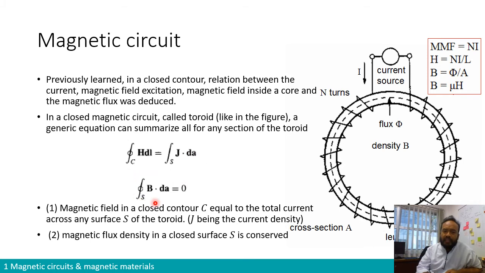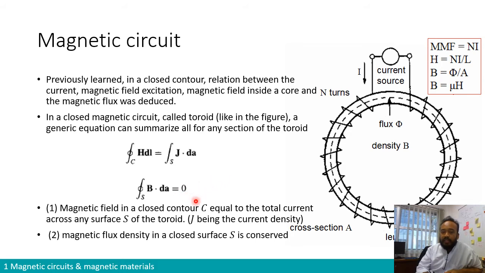And then we have the second equation that describes the phenomenon inside this as well. The second equation tells us that the integral over the closed surface S, if we take between two surfaces S inside the core, of the magnetic field B multiplied by the surface area A, will equal 0. What does it mean?